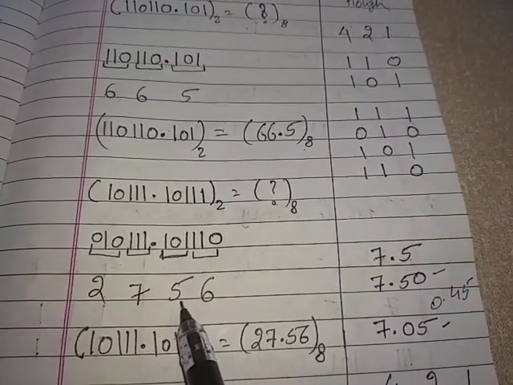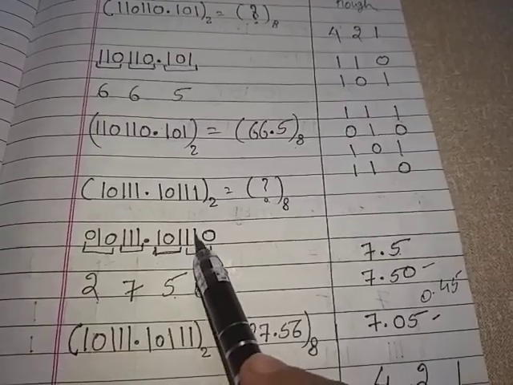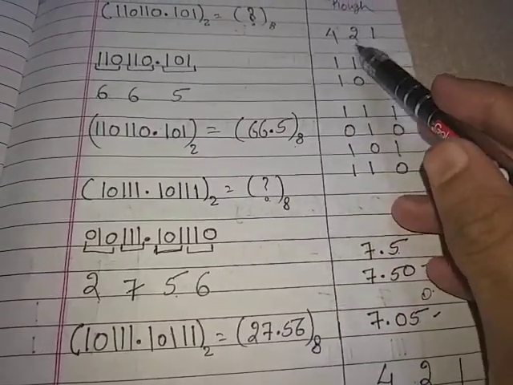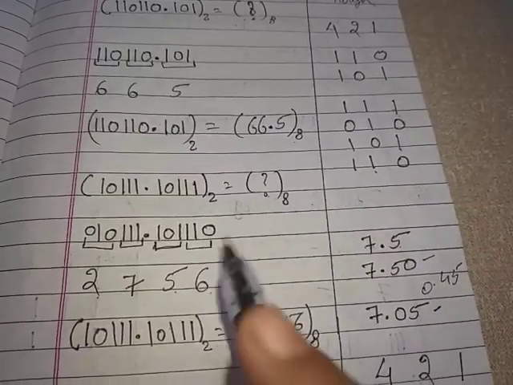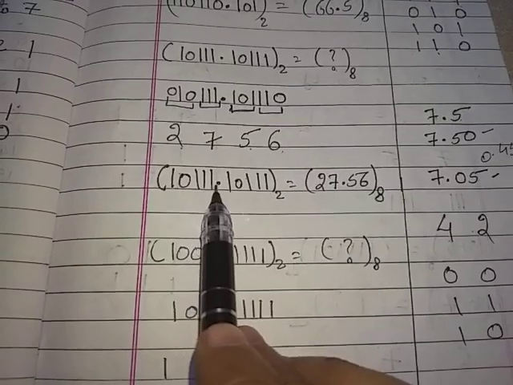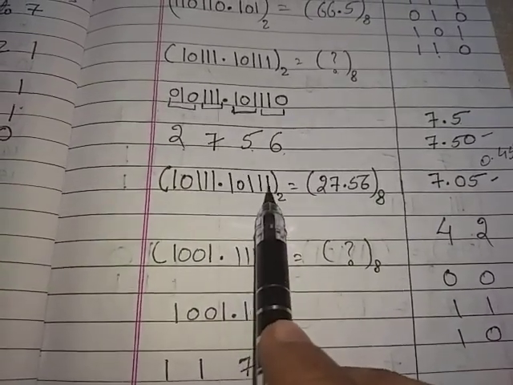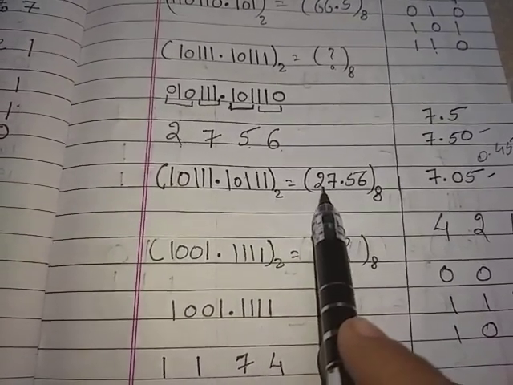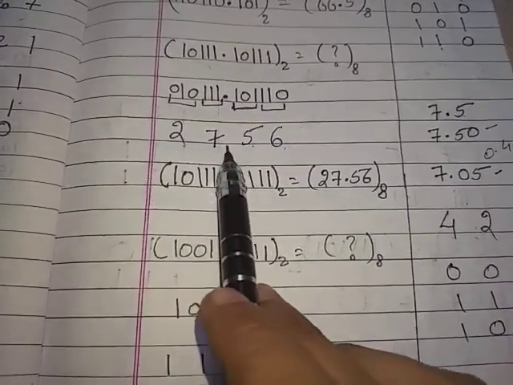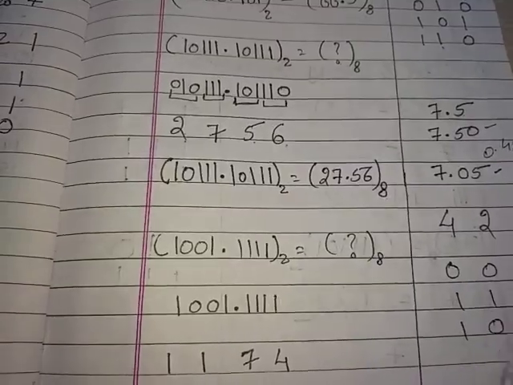Here it is 5. Now next is 110, 4 plus 2 is 6. So 6 is here. So we can say that 10111.10111 radix 2 is equal to 27.56 radix 8.